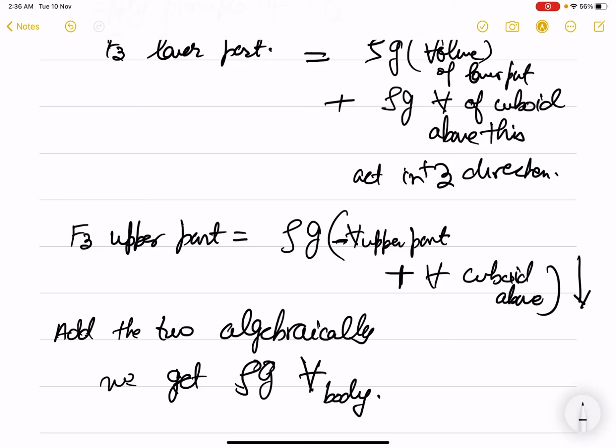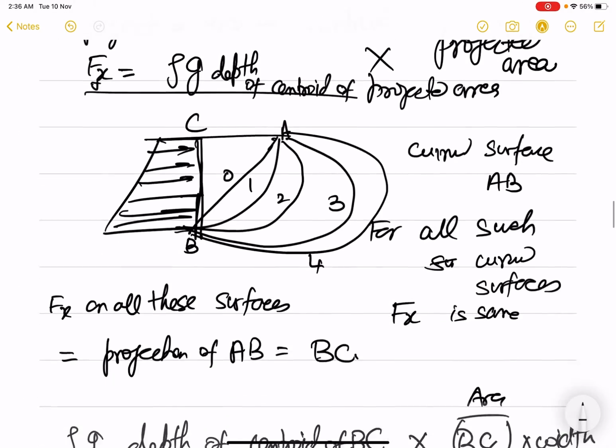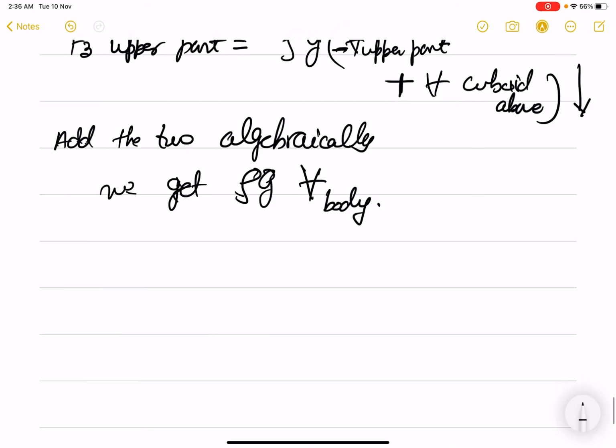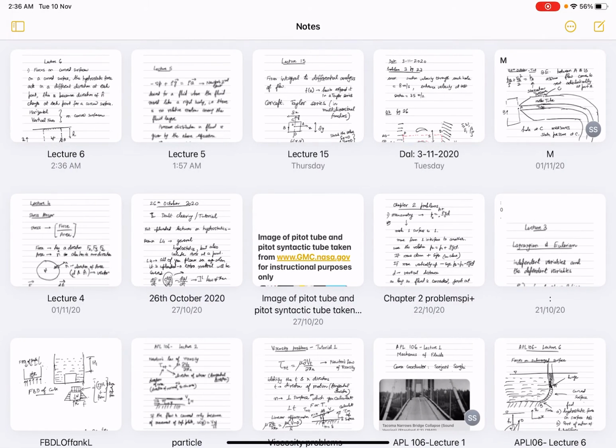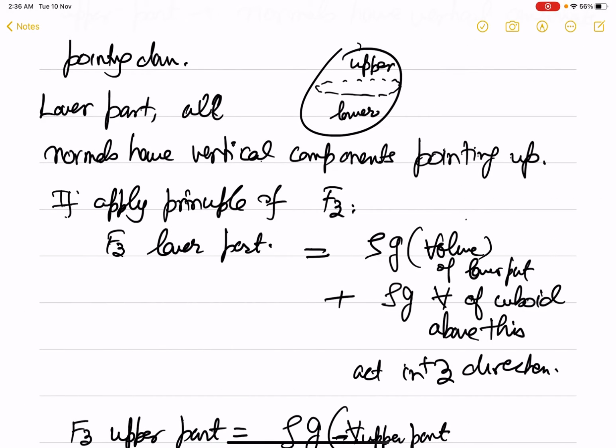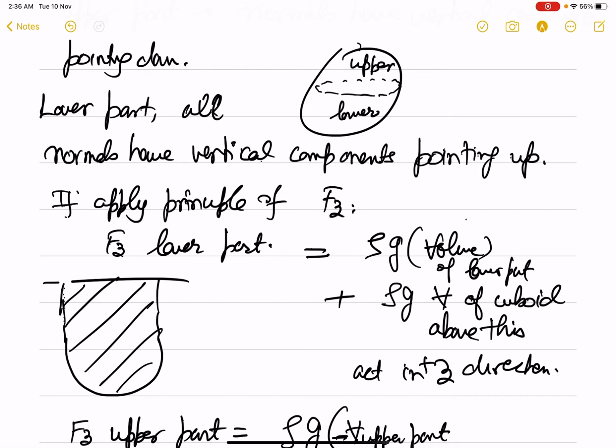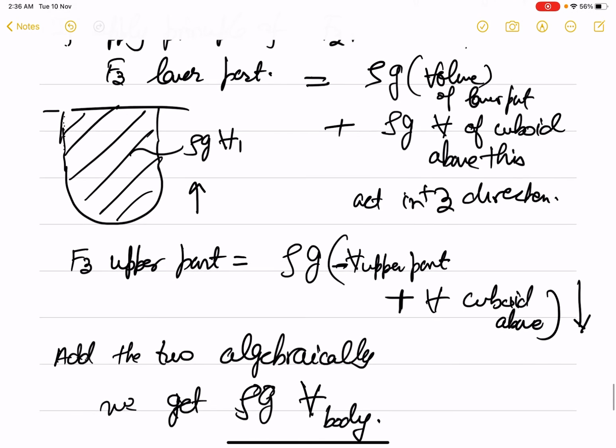If this is not very clear, let me just draw a simple cartoon here. So for the lower part, if this is the free surface, this was the lower part, rho g times this V1 acting upwards is the force, and for the upper part it is something like this to the free surface.